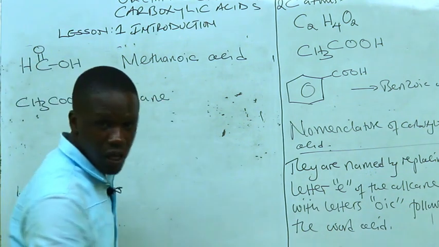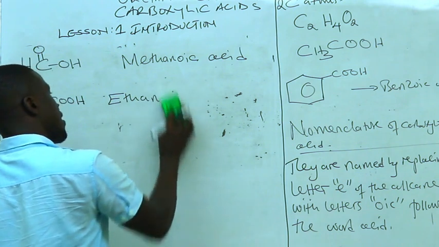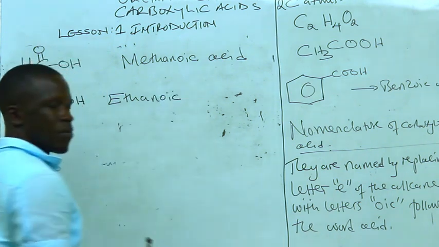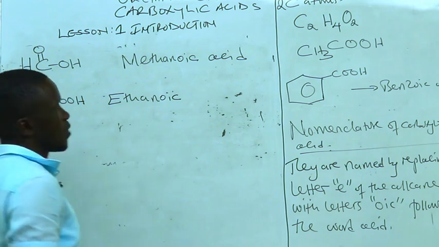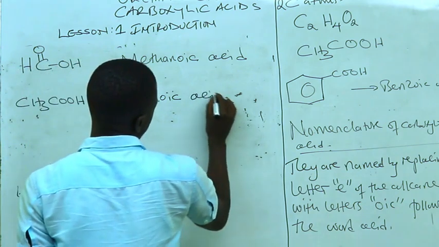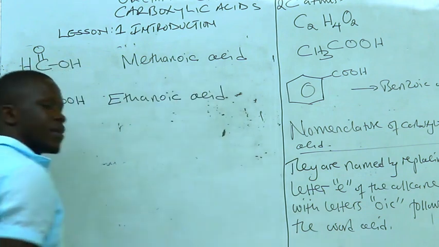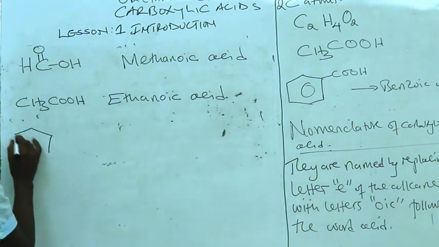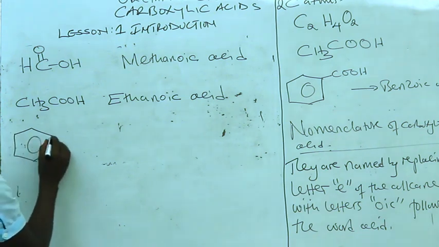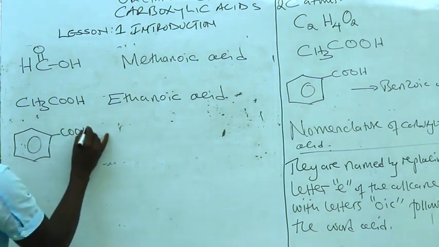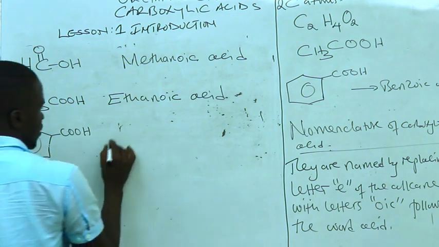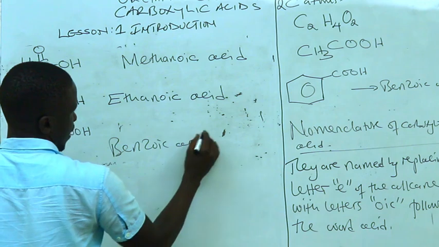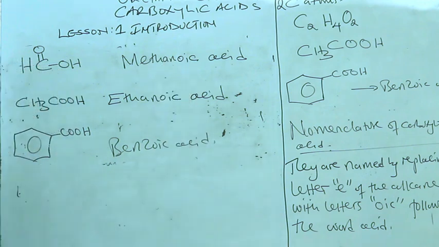We remove the letter E, substitute it with OIC to become ethanoic, and then follow with the word acid: ethanoic acid. If it is coming from benzene, then this will be benzoic acid.